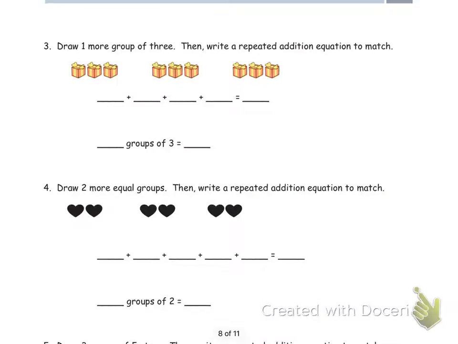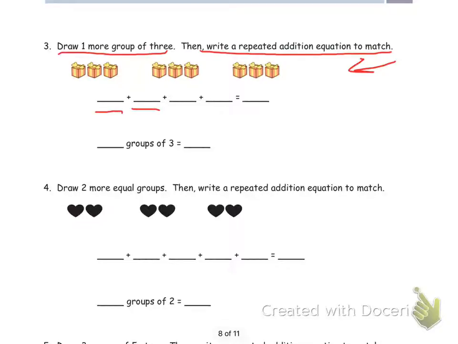So this is just repeated addition. All right, so it looks like we need to draw one more group of 3 and then write a repeated addition equation to match again, okay? The only difference here is that we don't have the circles around our groups, okay? So you would draw another group of 3. I would recommend drawing it over here, and that would leave you with, of course, 4 groups.